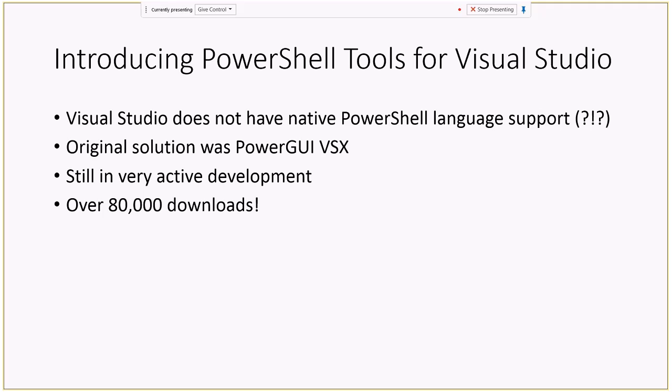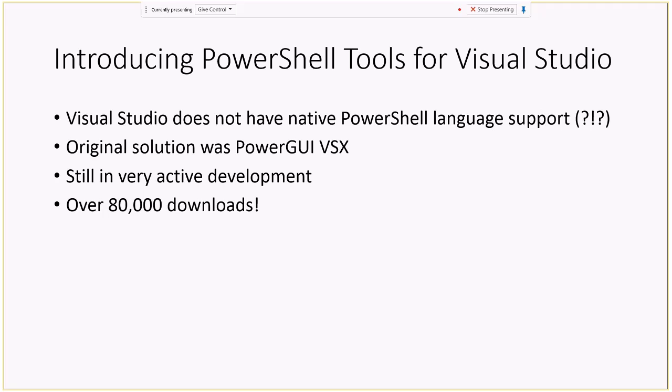My first incarnation of this was called PowerGUI VSX. It was built on PowerGUI, and it pretty much just rehosted the PowerGUI control inside Visual Studio. It had a project system and a debugger and everything like that, but it wasn't really native support. It required PowerGUI to be installed, while the new incarnation does not. Posh Tools is still in very active development.